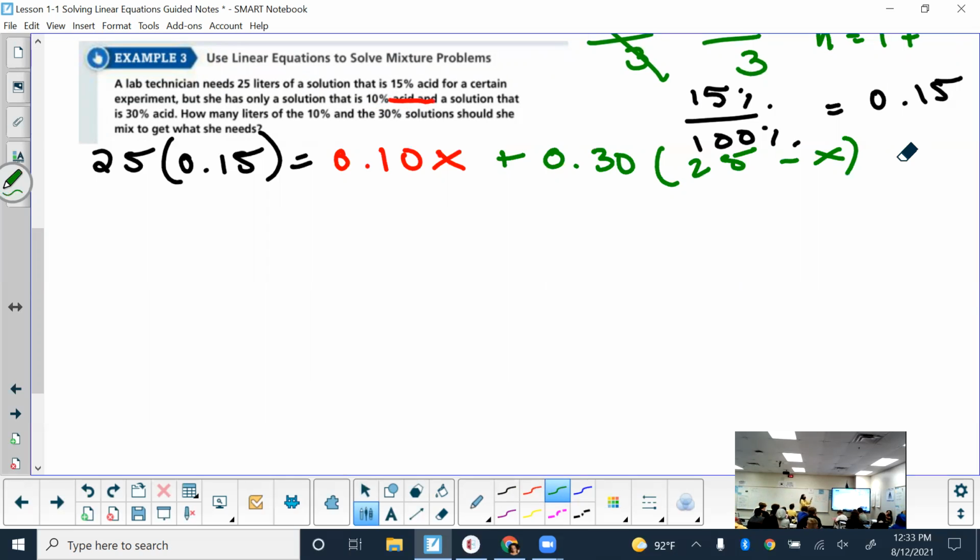Do we know where all these numbers are coming from? Which one do we not know where it came from? Be honest. I want to clarify. All right, I think it's the 25 that confuses people. That's how many total liters we need. So it's 25 minus however many liters we need of the 10% solution.